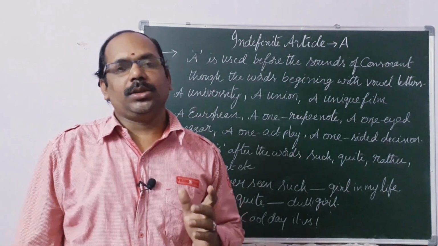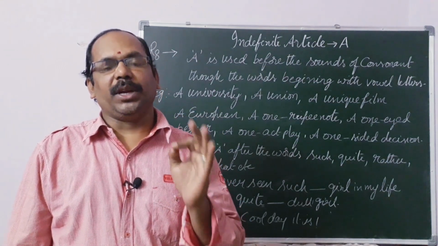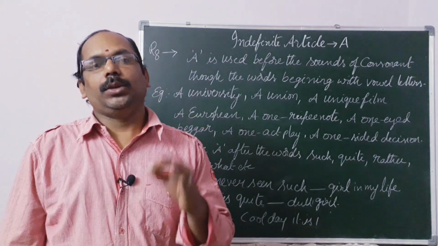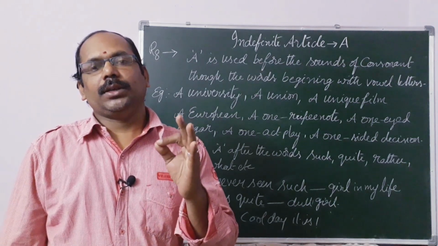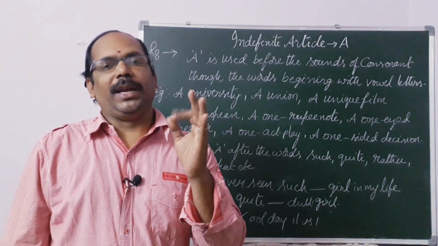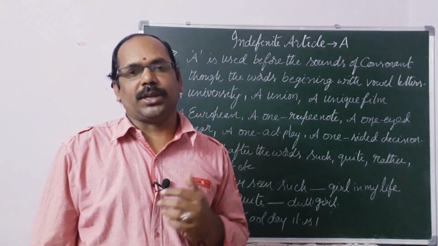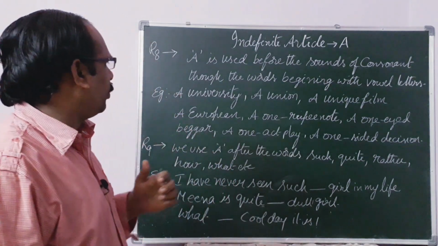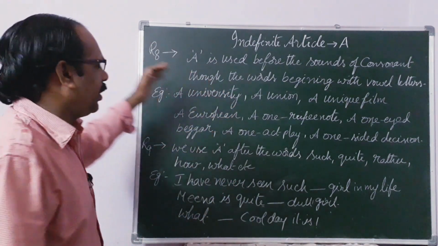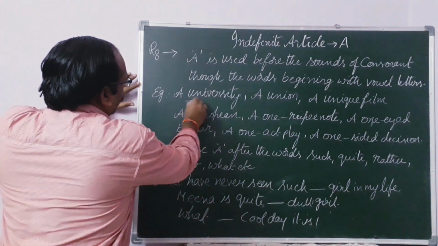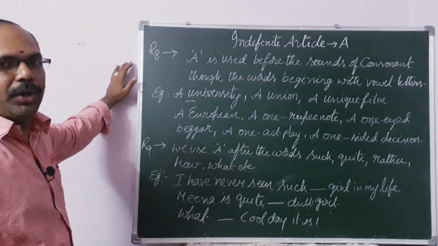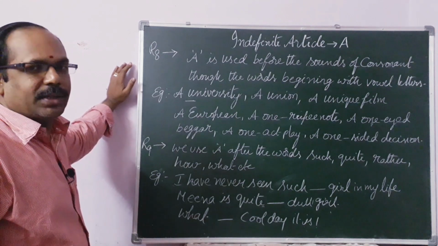A is used before the words which begin with a consonant sound. Words beginning with a vowel letter are an exception. Just see the examples: a university. Though it is a vowel letter, it gives the sound of U, a consonant sound.